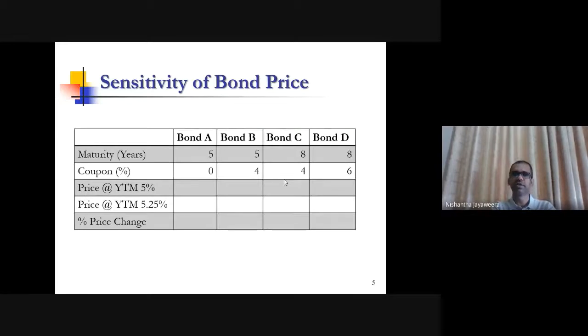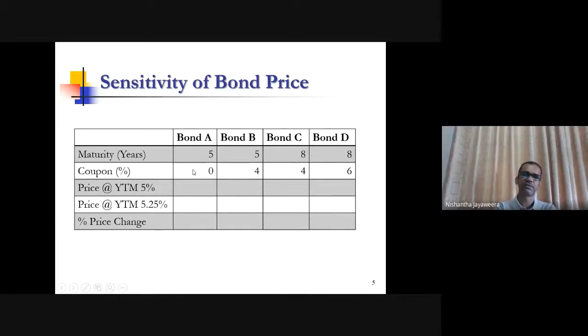So we'll do a small exercise. Four bonds: bond A, bond B, bond C, and bond D. Bond A and B have the same maturity, 5 years. C and D have the same maturity, 8 years. Coupon-wise, bond A has a 0 coupon, bond B has a 4% coupon, bond C again a 4% coupon, and bond D a 6% coupon.